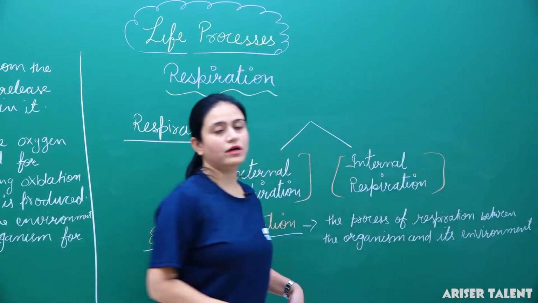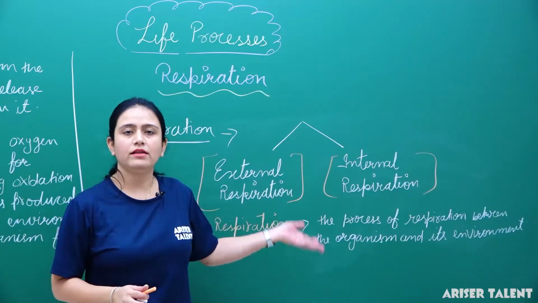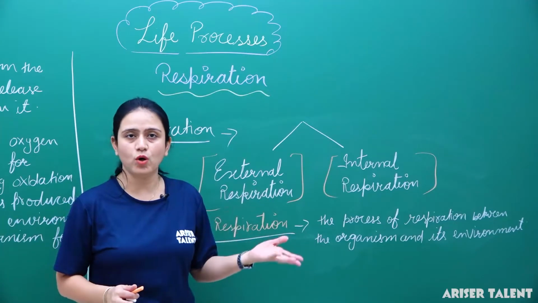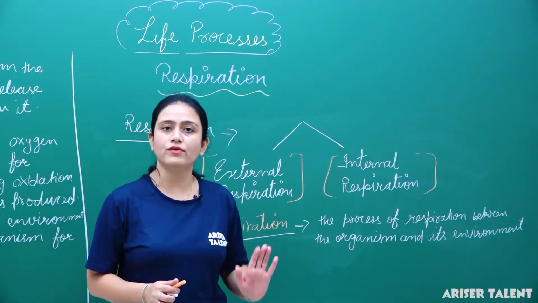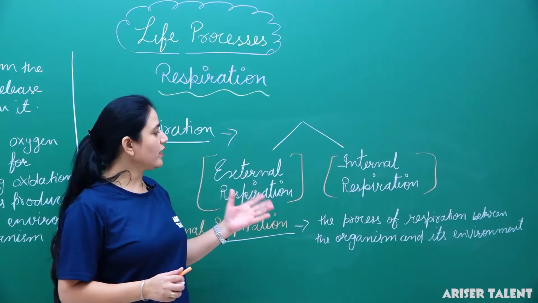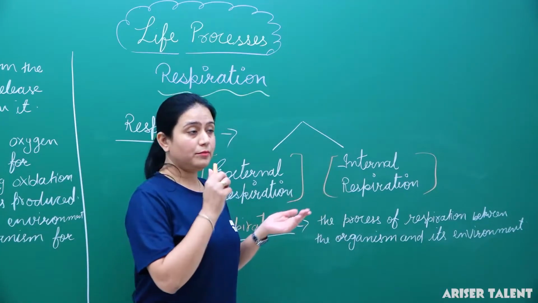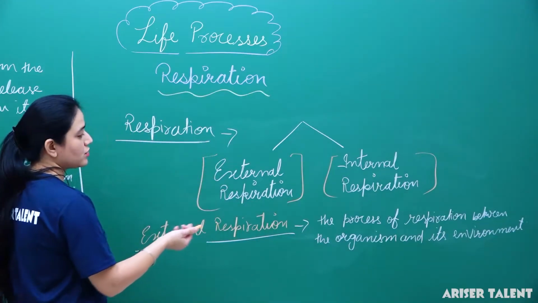If the animal is aquatic, then it will take the oxygen from water, or if the animal is terrestrial, then it will take the oxygen from the atmosphere. Thus we can say it is the respiration between the organism and its medium. This is external respiration.